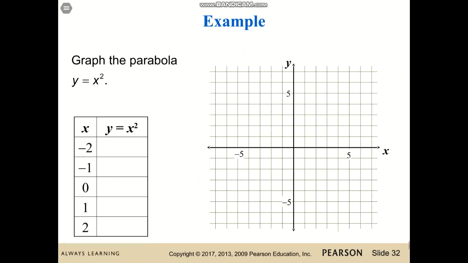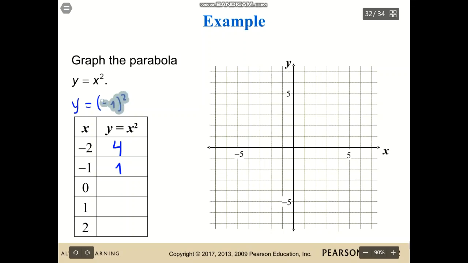Alright, here we are assuming x initially -2. If x equals -2, we plug in the equation y equals -2 squared. -2 squared is 4. Next one, x equals -1. Let's plug in the equation. y equals -1 squared. -1 squared is 1.